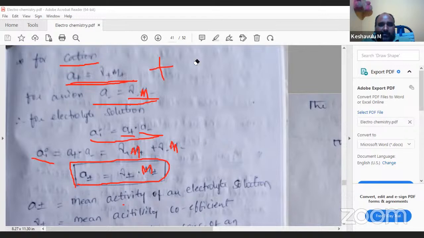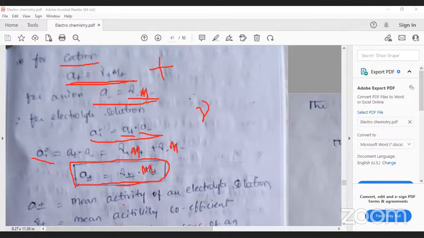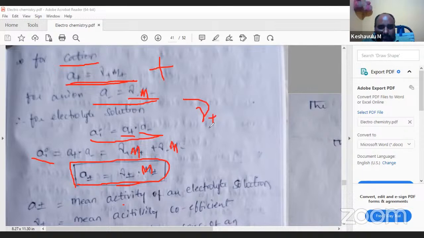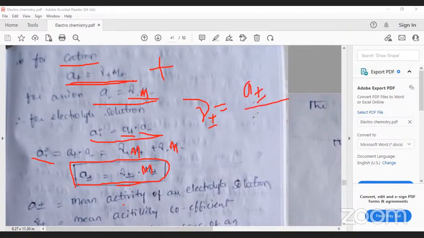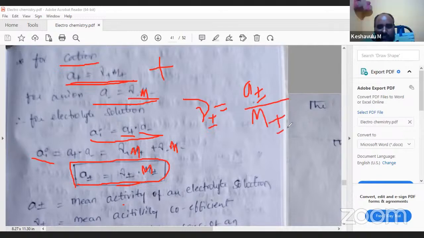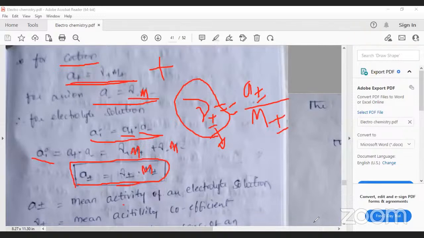Therefore, here finally we get A plus or minus is equal to gamma plus or minus into M plus or minus. With respect to this, we can write gamma plus or minus is equal to A plus or minus divided by M plus or minus. This gamma plus or minus we call the mean ionic activity coefficient.